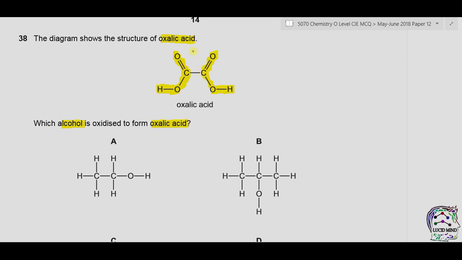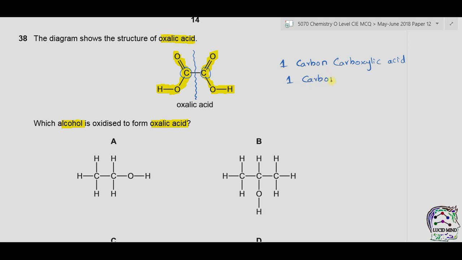Now we have 2 carboxylic acids present. Each carboxylic acid consists of just 1 carbon. 1 carbon is present in this one, 1 carbon is present in this one. So a 1 carbon carboxylic acid can only be formed from a 1 carbon alcohol.